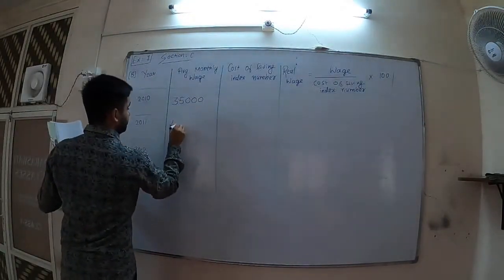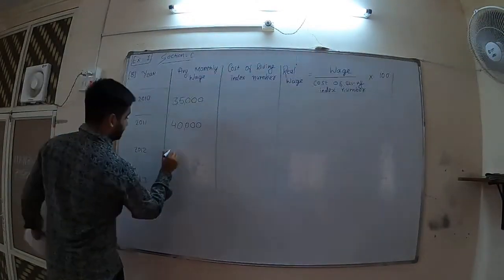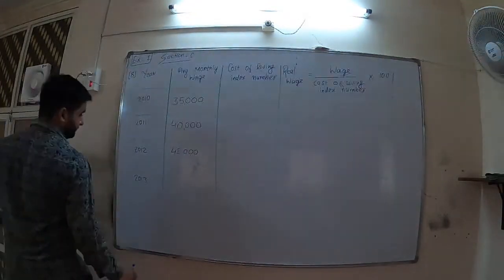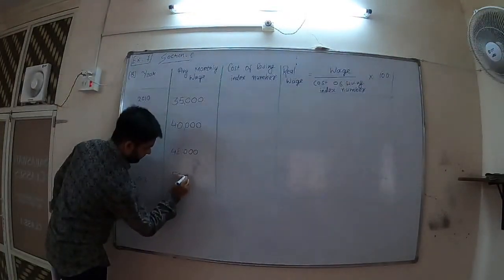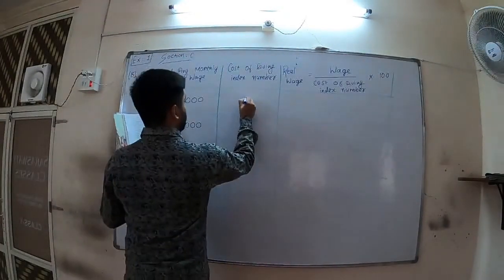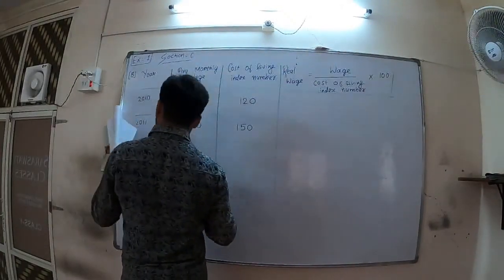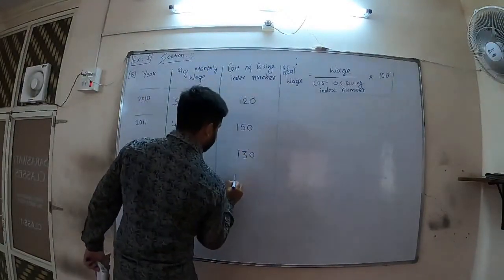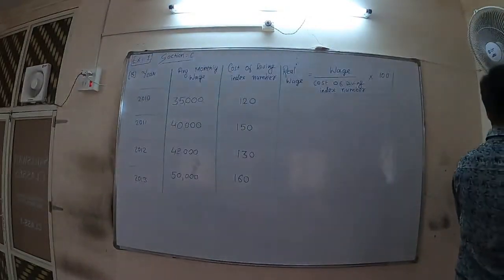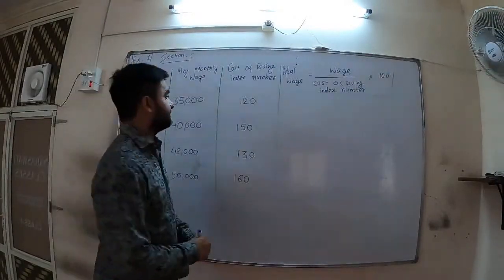$35,000, 40,000, 42,000, 50,000, then 120, 150, 130, 160. Okay. Now we will write the first calculation and then we will write the answer.